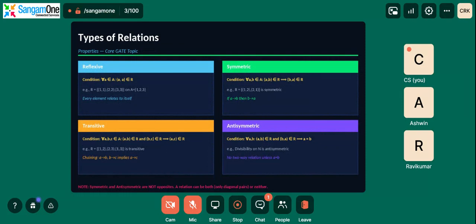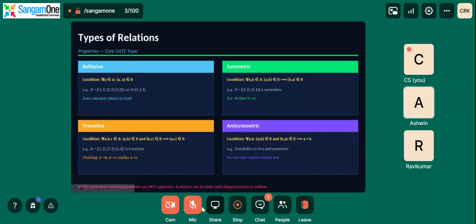Types of relations and their properties. The reflexive condition: for every element a in A, (a, a) belongs to R. As you can see in the example, R is (1,1), (2,2), (3,3) on set A with elements 1, 2, 3.